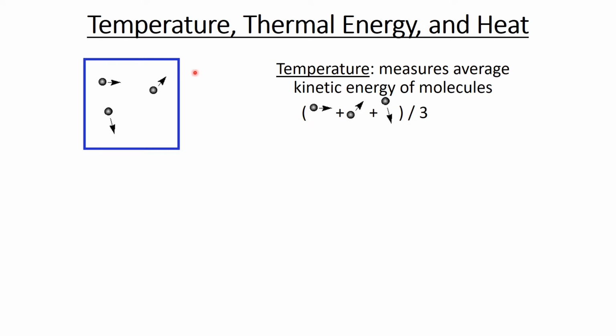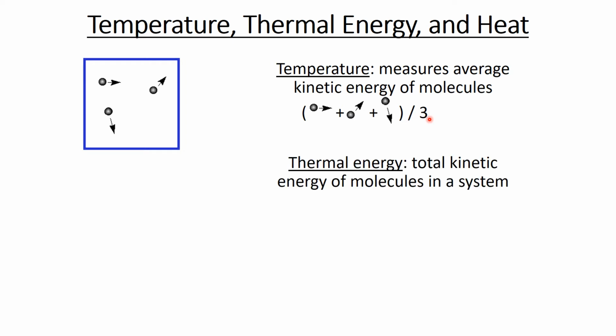So temperature is I take all the different kinetic energies and I divide them by the number of molecules. So of course, we're never actually working with 3 molecules. It's probably going to be more like 3 gazillion. But this average is basically what the temperature is.